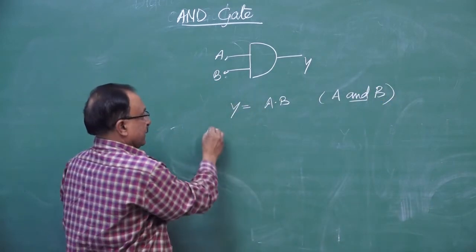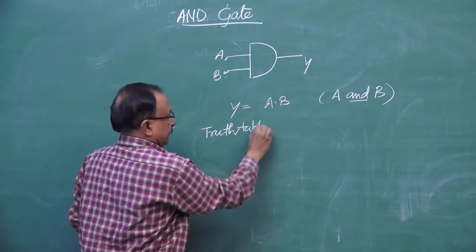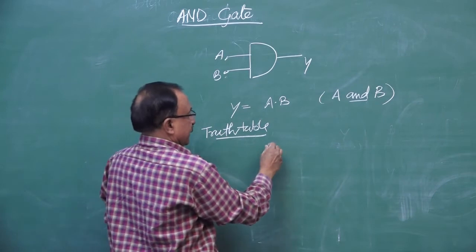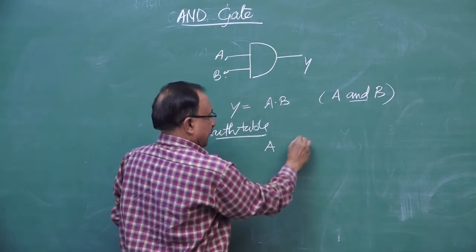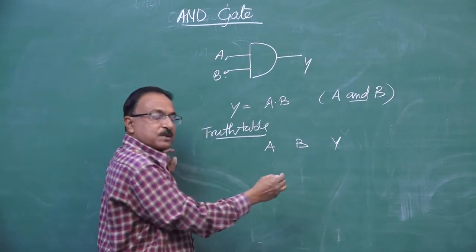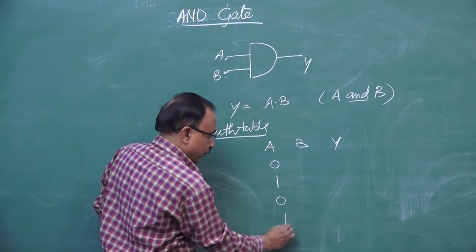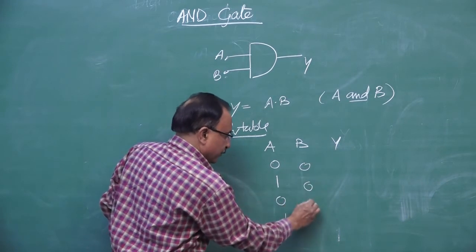Their truth table will be A, B and Y. A and B can have all possible combinations. You can write by writing 0, 1, 0, 1 and 0, 0, 1, 1.